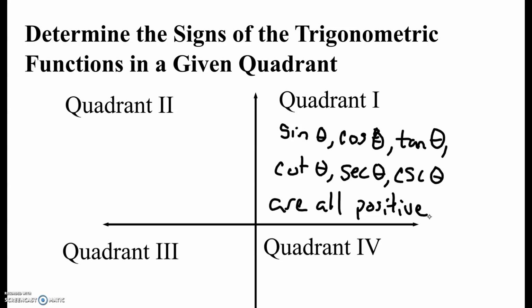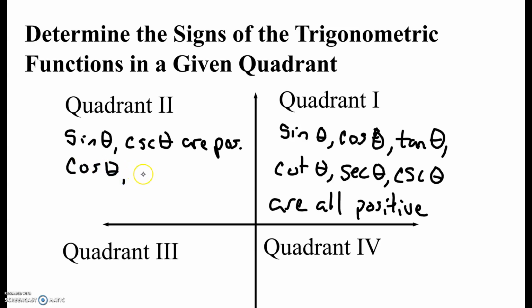In quadrant 2, sine and cosecant are positive. Cosine, tangent, secant, and cotangent are negative.